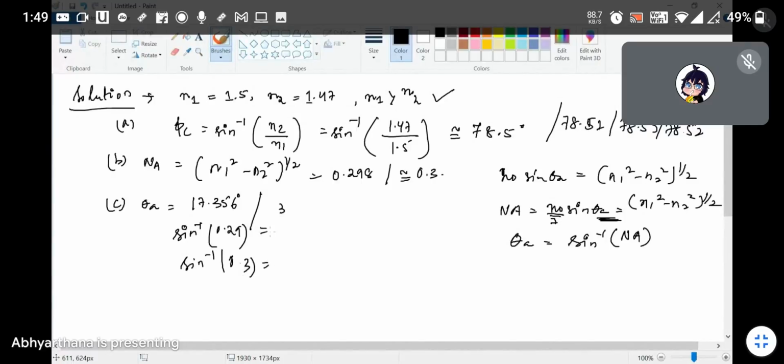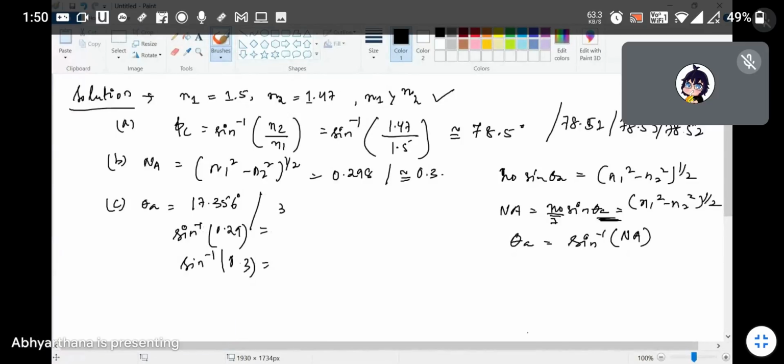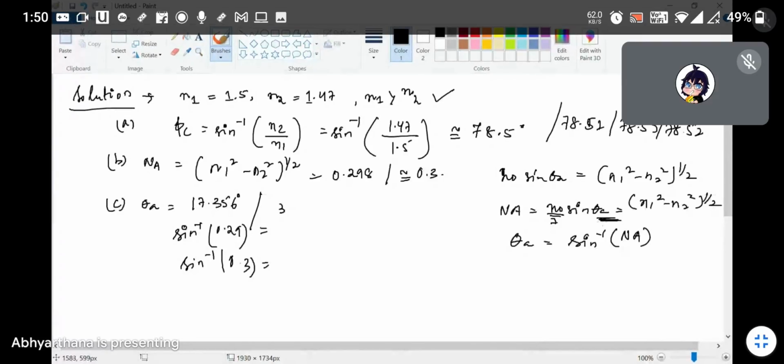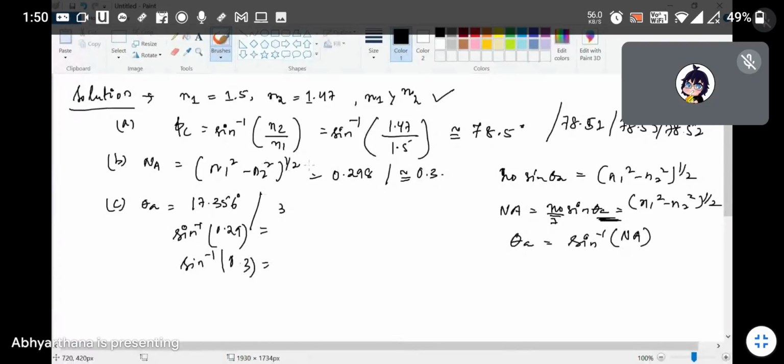How much are you getting? 17.4. Somnath, you understood? It's simple, sine inverse of numerical aperture. 17.4, 17.337.